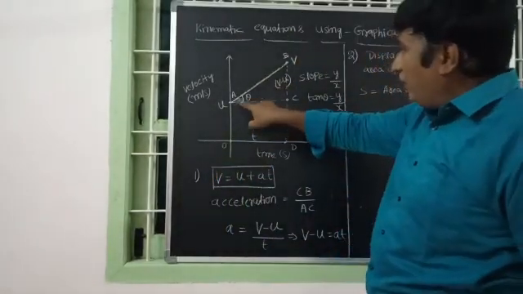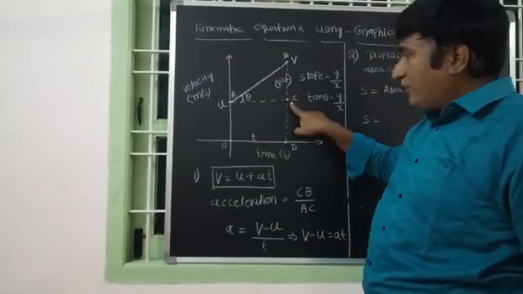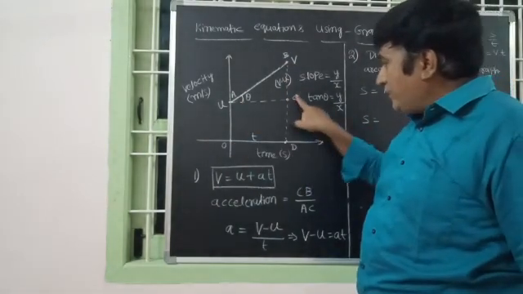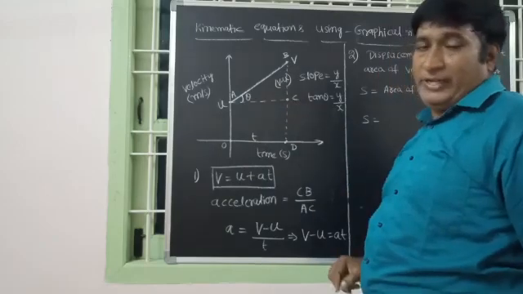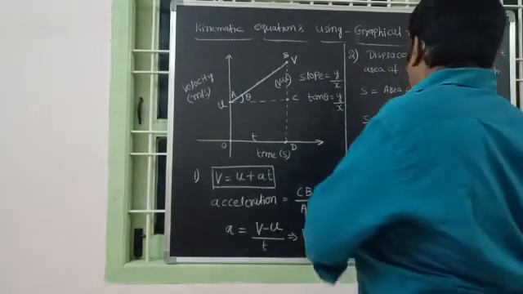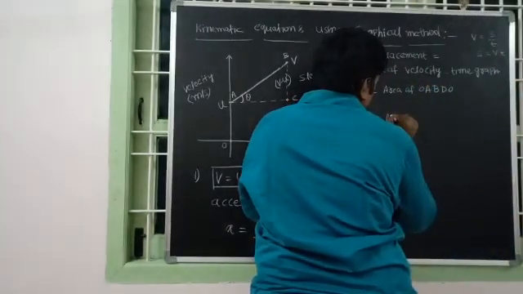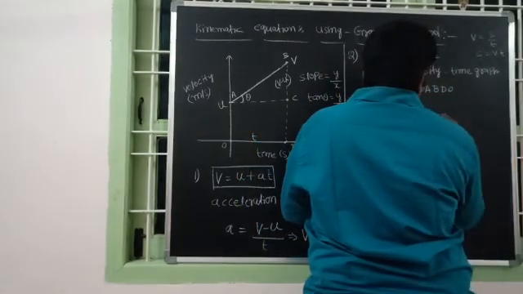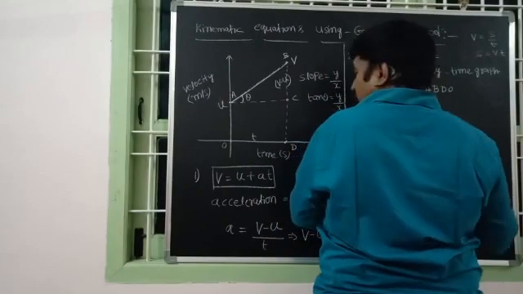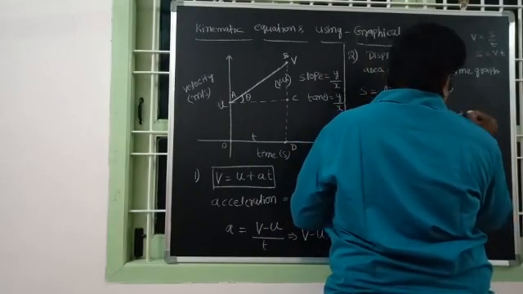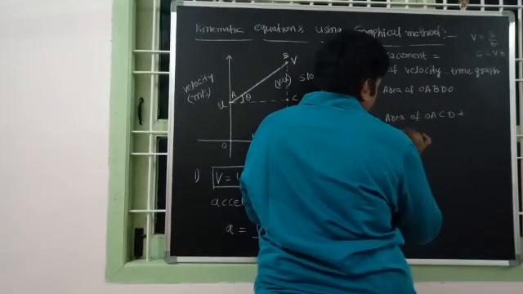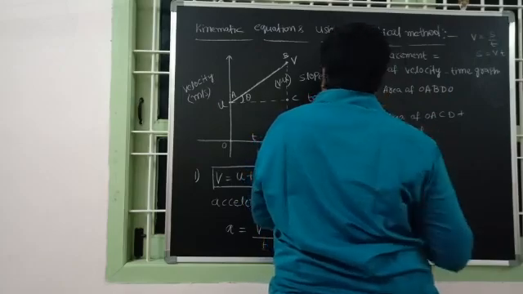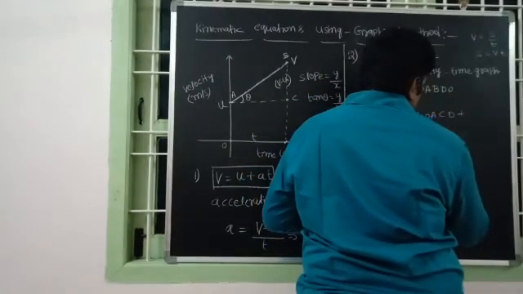If you observe, ABC is formed in the form of a triangle and OACD is in the form of a rectangle. So I can divide it as area of OACD plus area of ABC.